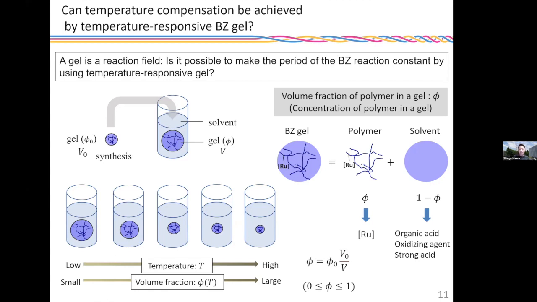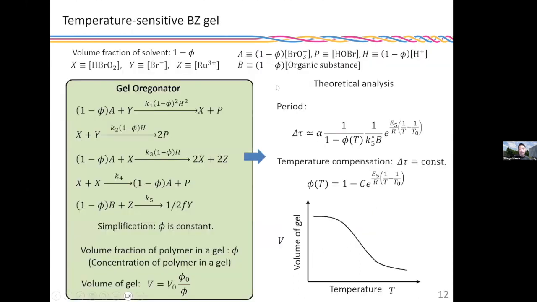So we modified the mathematical models of BZ reactions. We can introduce the effect of the polymer concentration into the mathematical models.